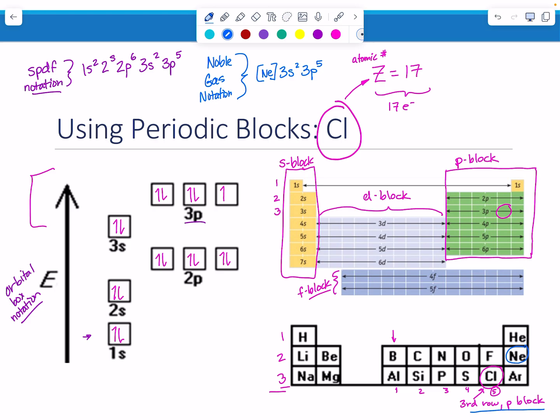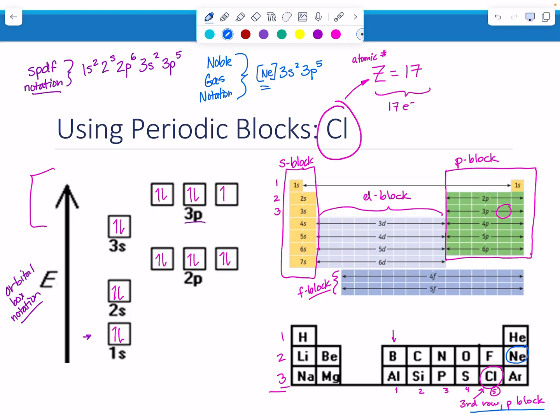When we write this, we're saying it's got 10 electrons placed in all those orbitals that would get us up to 10 electrons. So even though argon's right next to it, argon has more electrons. So it's the nearest noble gas that has fewer electrons, without going over.